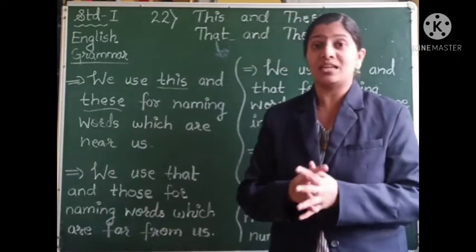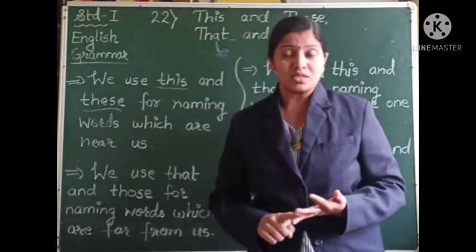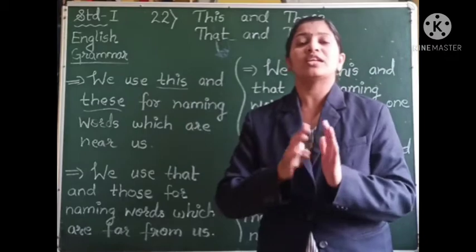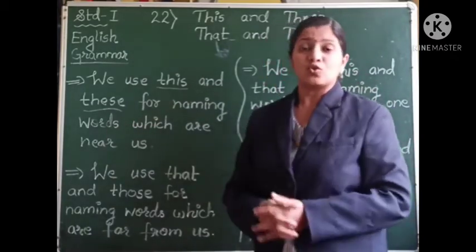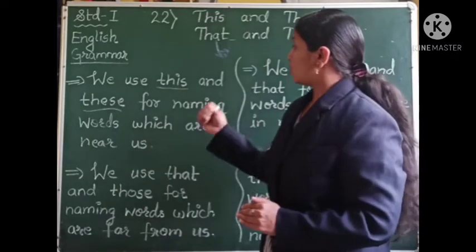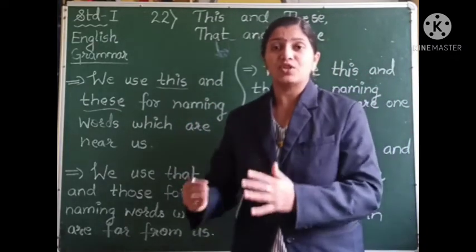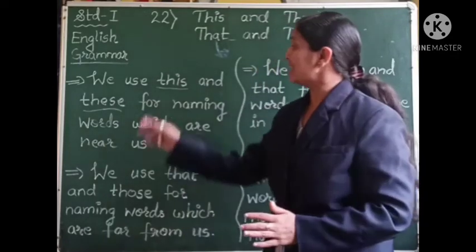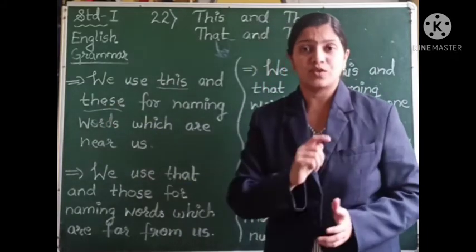We have already learned about naming words: the names of animals, birds, persons, places, objects, all of these are called naming words. When we are talking about naming words which are very near to us, we make use of the words this and these. This was the first rule.